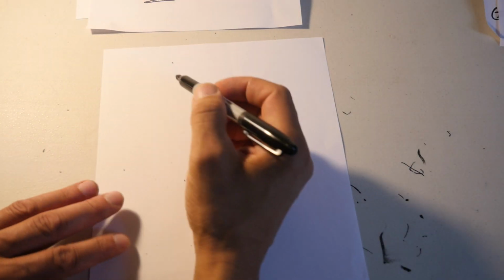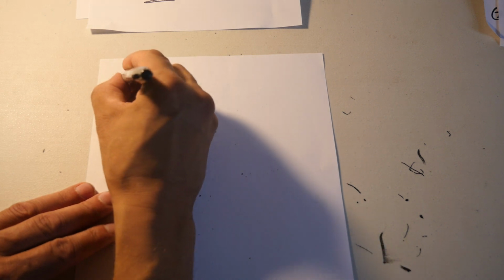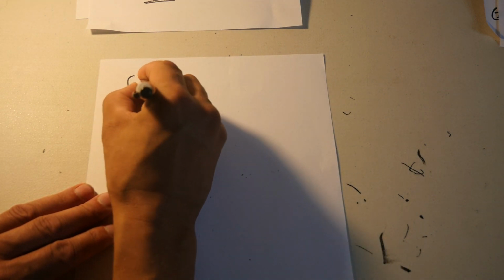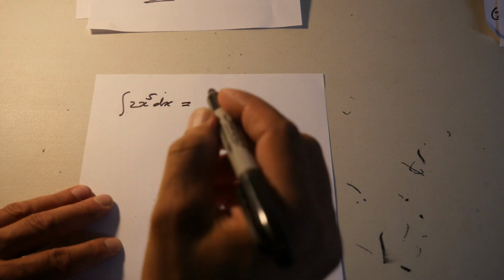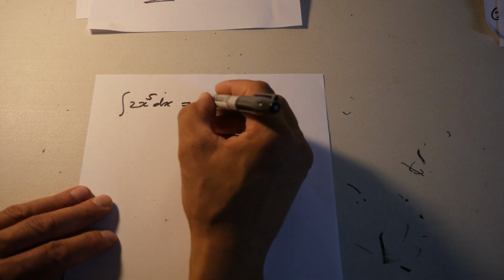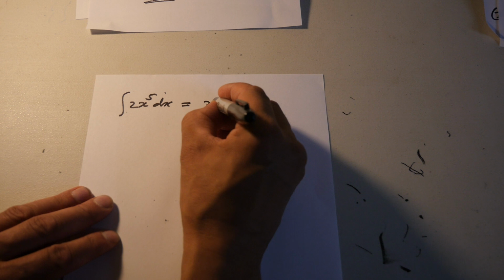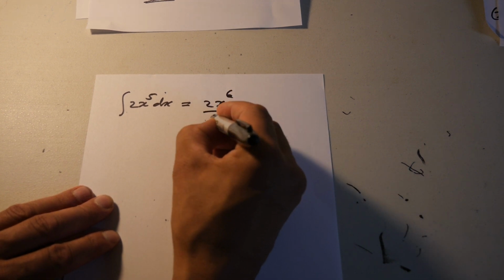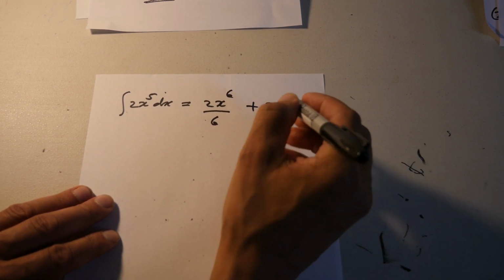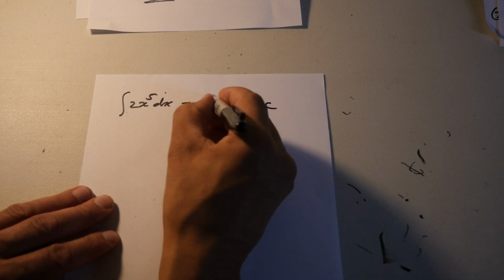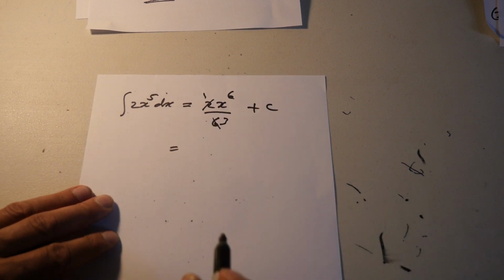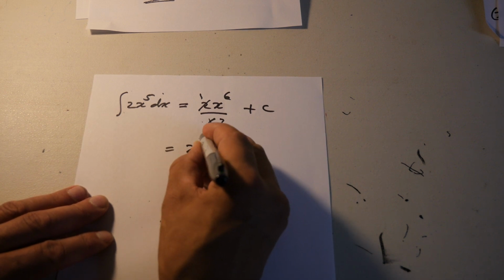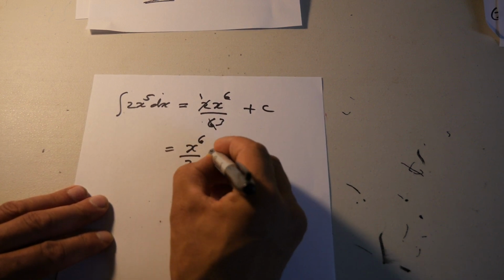Another example. If you have the integral of 2x to the 5th dx, applying the general formula, that is 2x to the 6th over 6 plus c, okay? So 2 goes into 2 once, 2 goes into 6 3 times, so you get x to the 6th over 3 plus c.